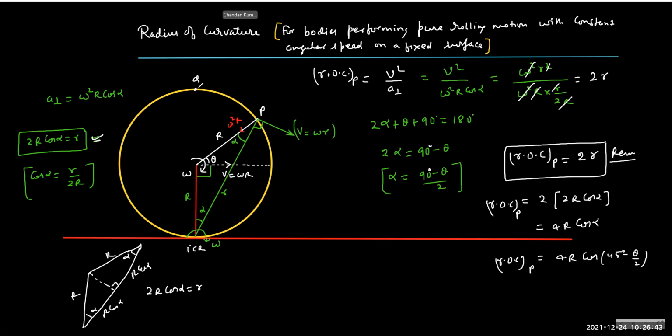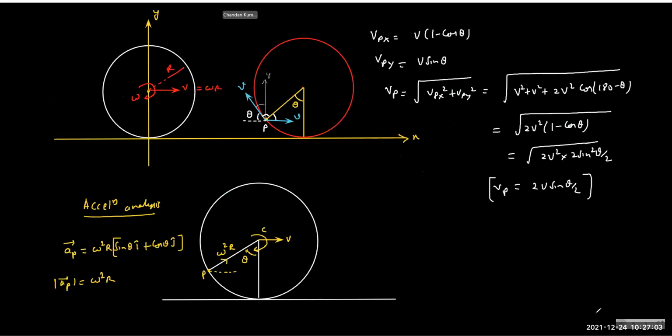That's simple. What is the ROC of the bottom? 0, because it is the ICR only. So the distance from the ICR is 0, so this is 0. That's why I said the radius of curvature will vary from 0 to 4r.